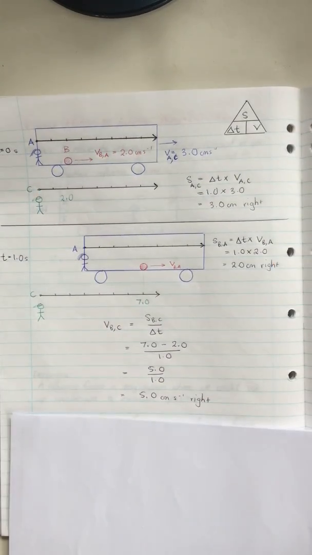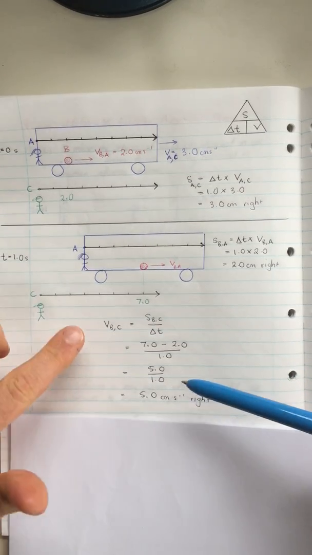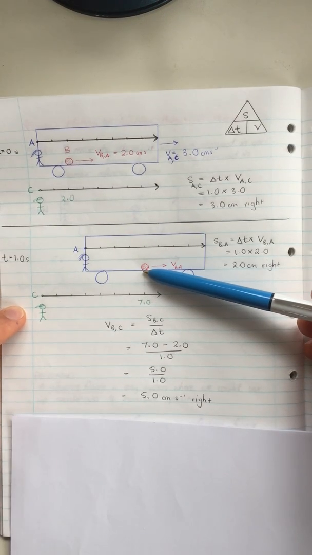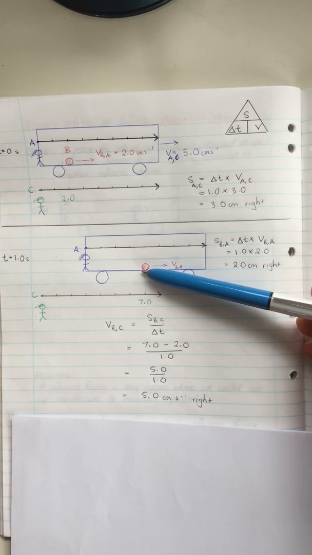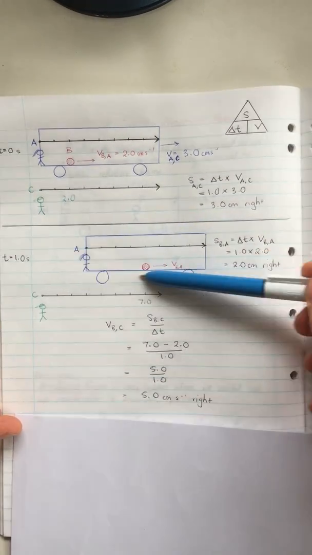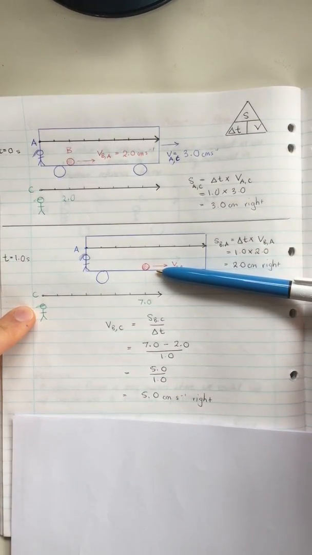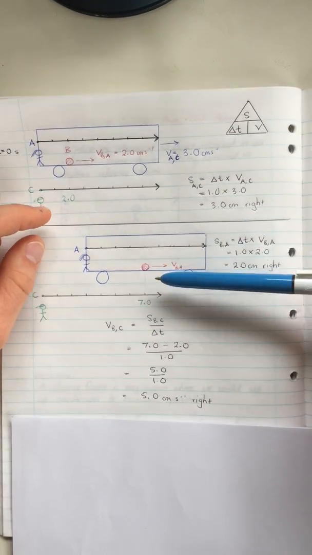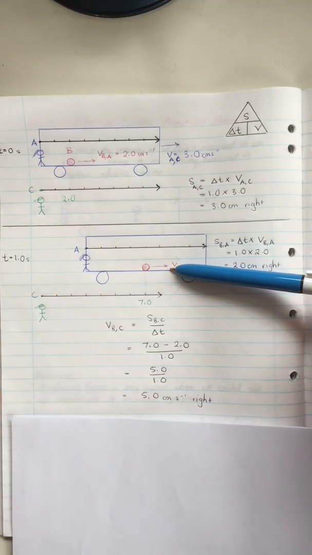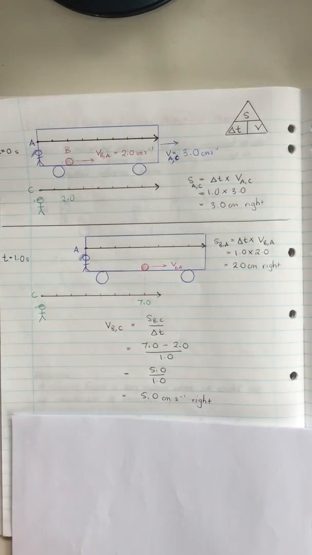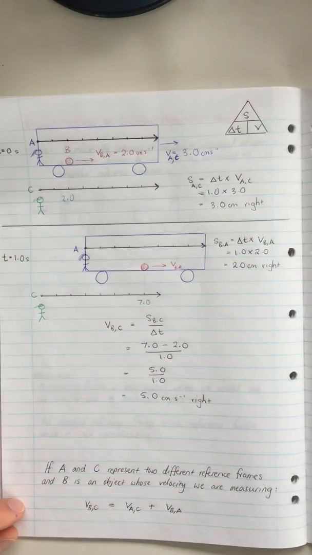Now, all those numbers were pretty easy, but the result is really important to notice here: the velocity that Carl measures of the ball, which is 5, is simply the vector addition of the velocity of the train relative to Carl, which was 3, plus the velocity of the ball in the train, which was 2. So we can summarize that by saying this.